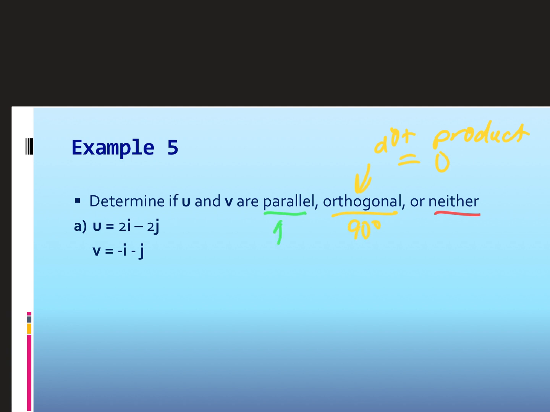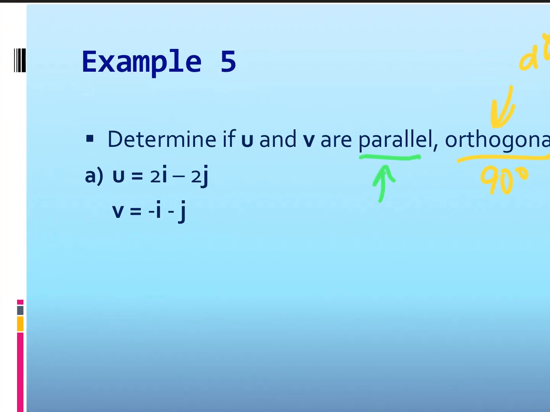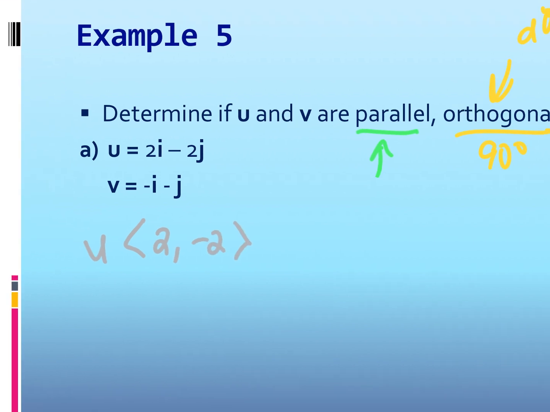Parallel means that they never touch, and neither would be none of them. So first thing I would do here, because I don't like the way that this is written with our i's and our j's, I would go ahead and rewrite this as vector u is 2, -2, and vector v is -1, -1. Remember, if there's no number in front of the letter, you just assume it's a 1.